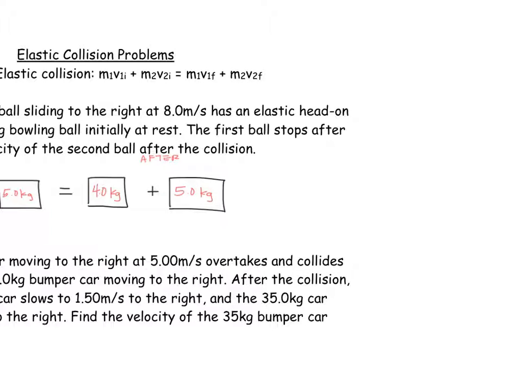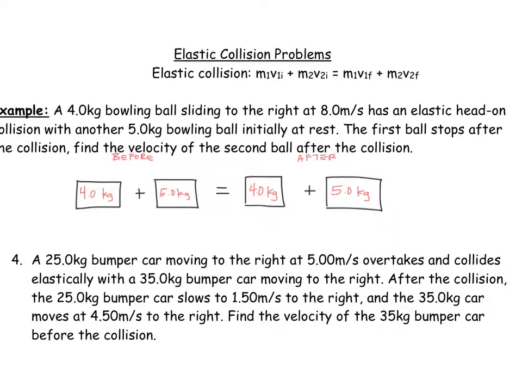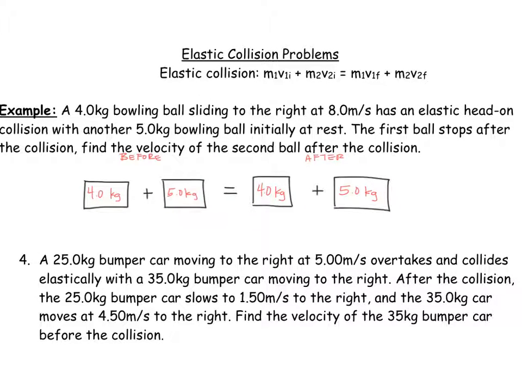Now above the boxes, I'm going to write their velocities. How fast are they moving? The first bowling ball with a mass of 4 kilograms has a velocity of 8 meters per second to the right.